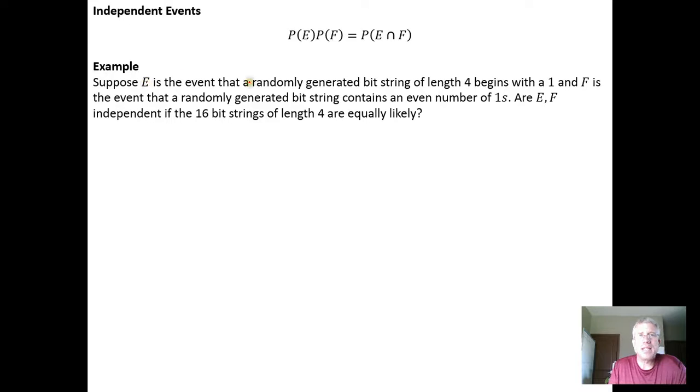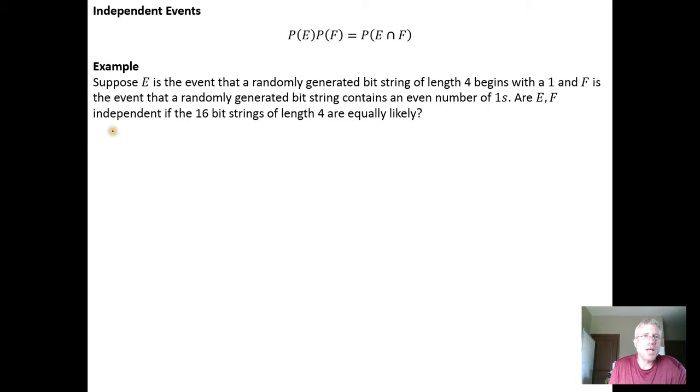Suppose E is the event that a randomly generated bit string of length 4, so a sequence of 4 zeros and ones, begins with a 1, and F is the event that a randomly generated bit string contains an even number of ones. Are E and F independent if the 16 possible bit strings of length 4 are equally likely?